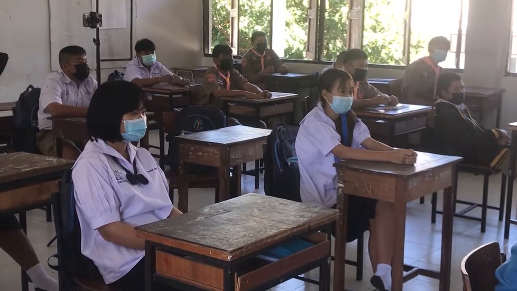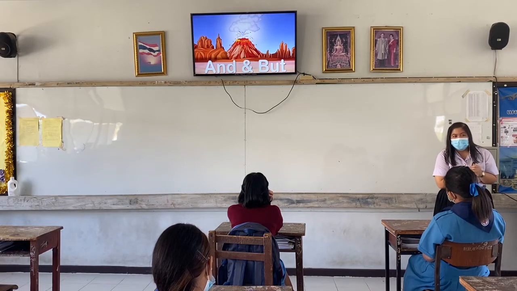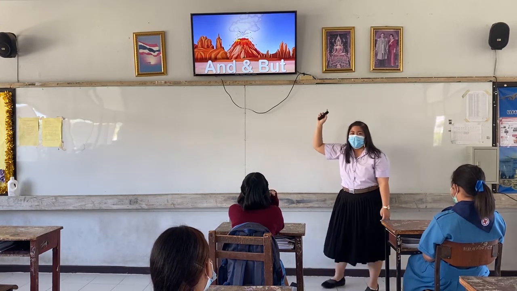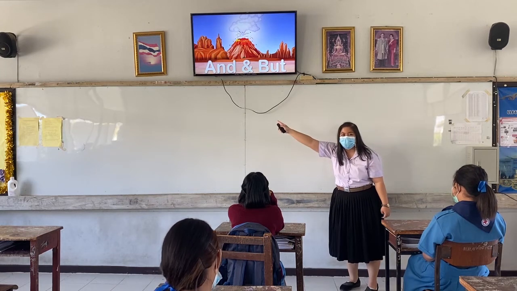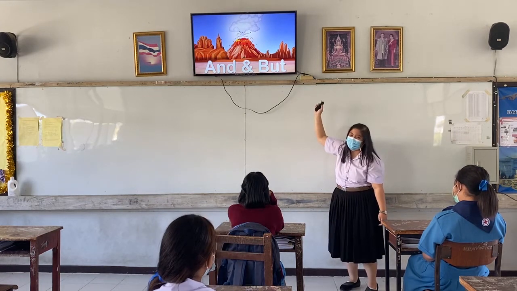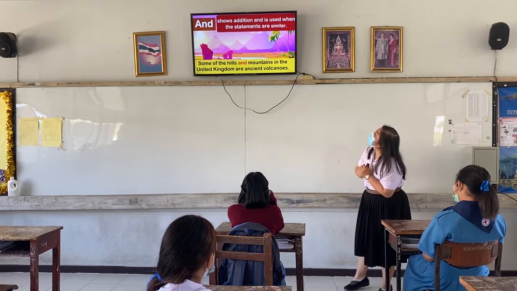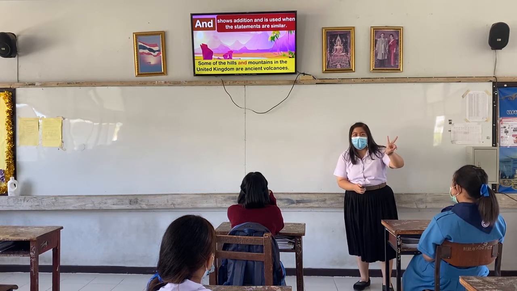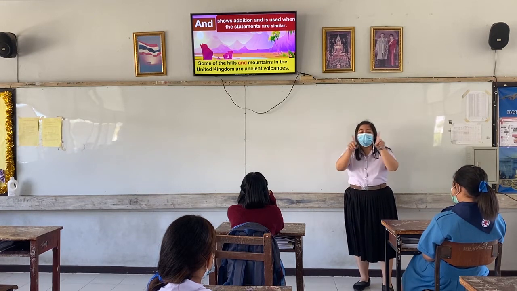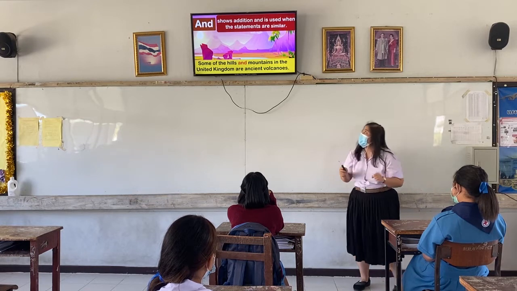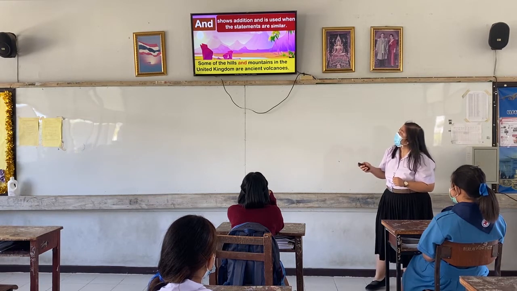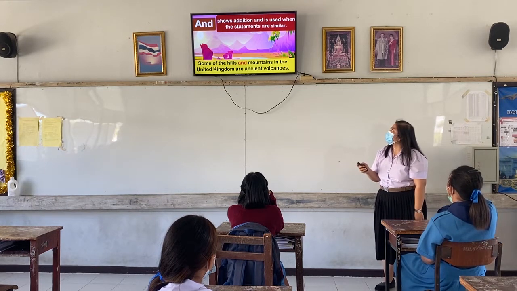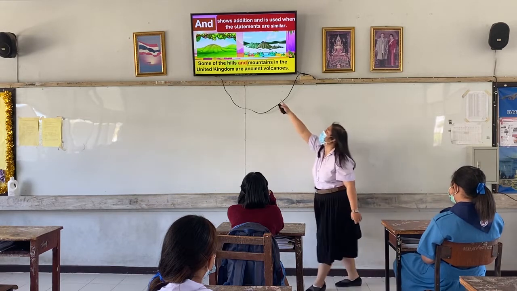Okay, let's move on to the grammar part. This is "and" and "but." Everyone repeat after me. And, but. We use "and" when we want to connect two statements that are similar or the same. Some of the hills and mountains in the United Kingdom are ancient volcanoes. You see? This is "and."